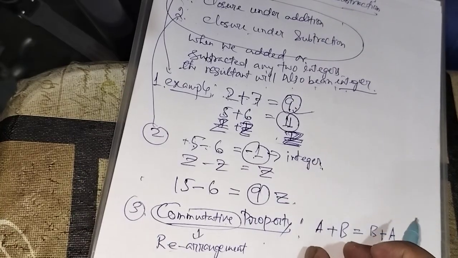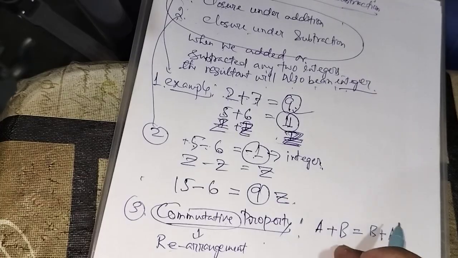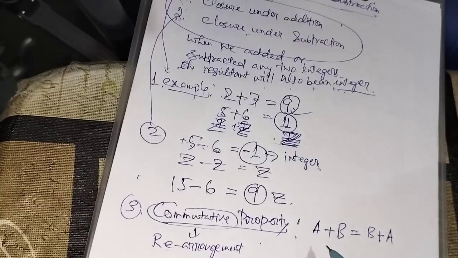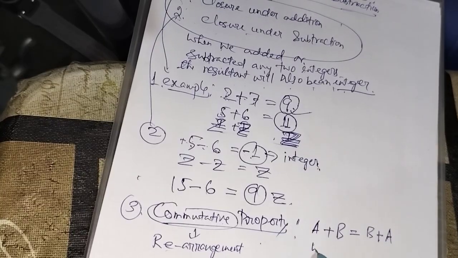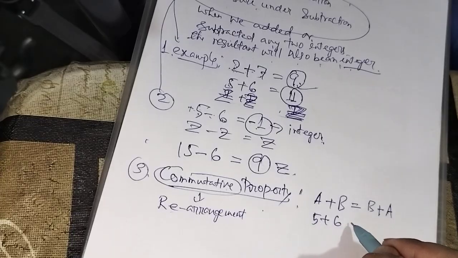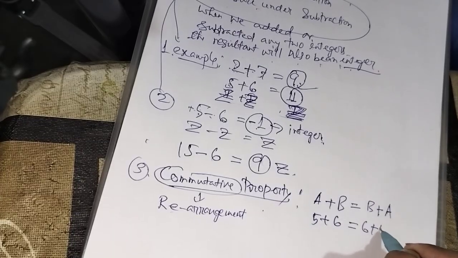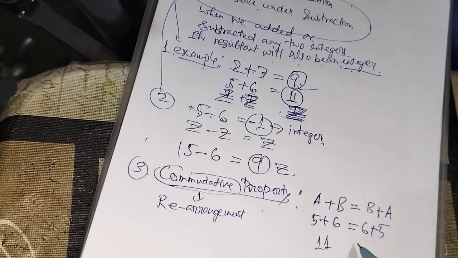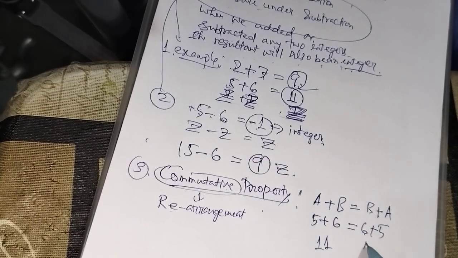We can simply rearrange the numbers. Suppose 5 plus 6, we can also write 6 plus 5. See, 5 plus 6 is 11, and 6 plus 5 is also 11.